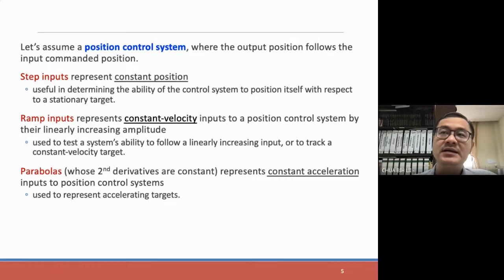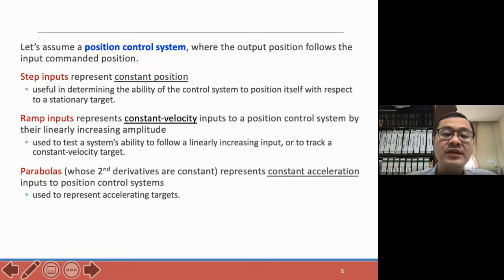Let's say I want the motor to turn 45 degrees. So 45 degrees would be my input, and the output is probably 45.2 degrees, right? That is the kind of output that you may expect. So here we may have the step input.